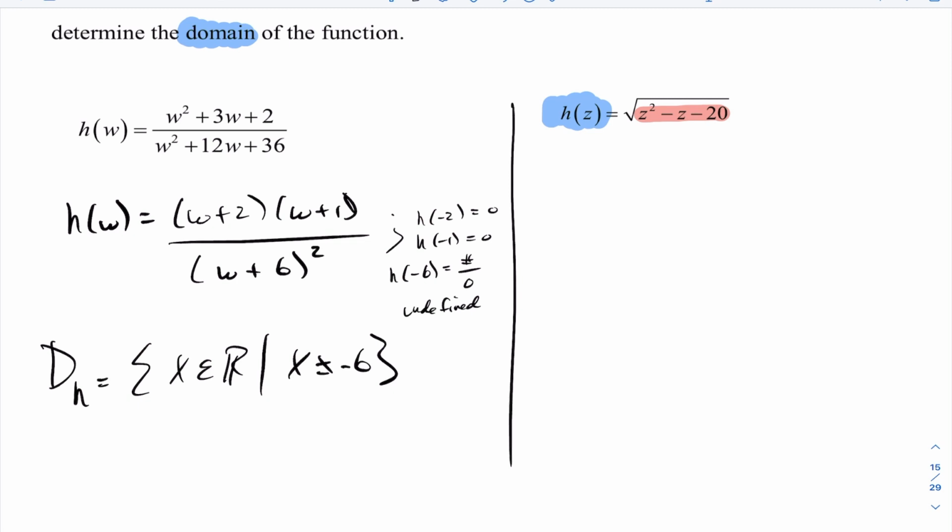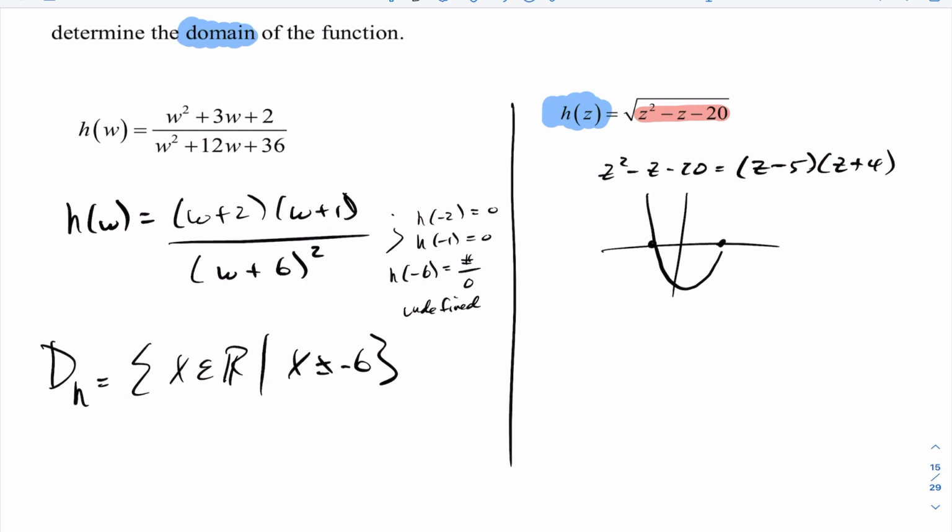So quickly we can see here that z squared minus z minus 20 will factor into z minus 5 times z plus 4. So I know visually that this is a quadratic that has roots at -4 and 5, and I know that it opens up.